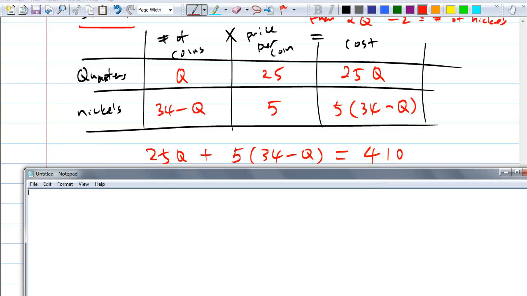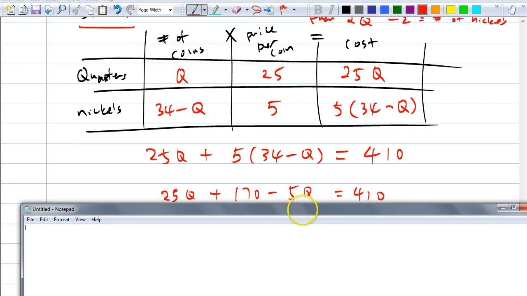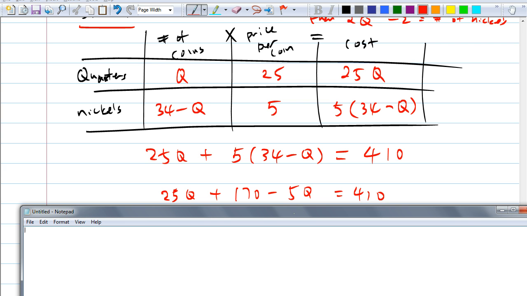Okay, here we go. After this, what did you write here, Dana? You distributed 5 to 34 minus Q, right? What do you get when you do that? So you get 25Q plus 170 minus 5Q equals 410. Is that okay?